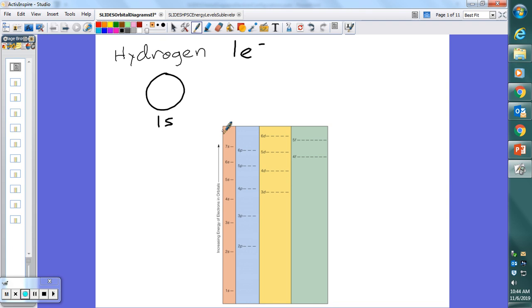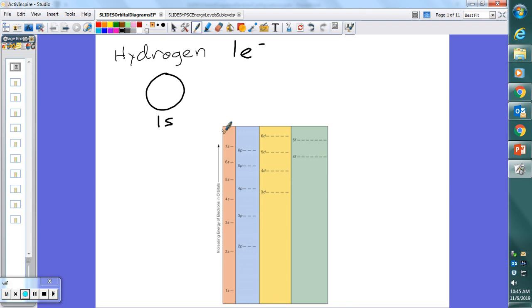The fact that this orbital is labeled as 1s should tell you two things about it. What should it tell you? If it's the 1s orbital, it should tell you two things. What is the fact that I called this orbital 1s?